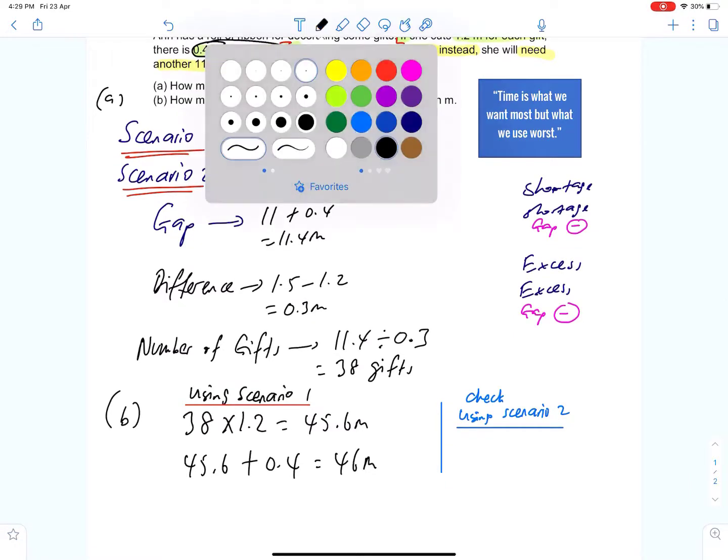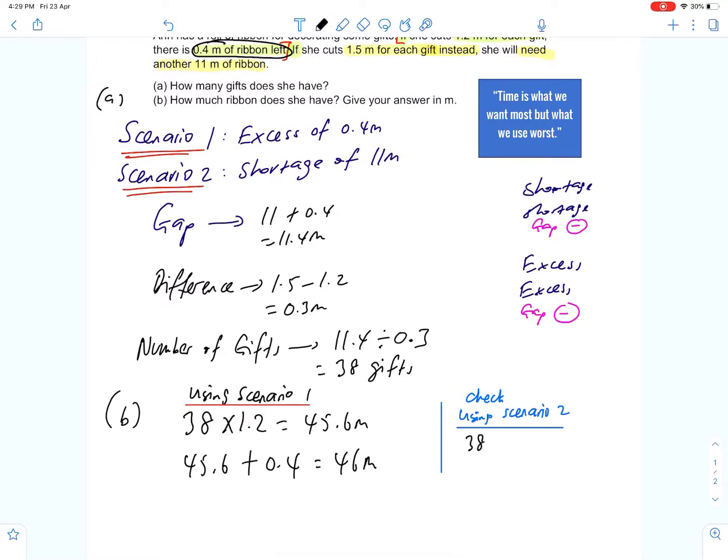So if she used 1.5 for each of the 38 gifts, 38 times 1.5, she will need 57 meters. But in actual fact, she does not have this. She will need another 11 meters to get this length. So in actual fact, she has 57 take away 11. She has a lesser length of ribbon, which is 46 meters. Same answer, exactly the same answer. That's how we can use the other scenario to check our work.